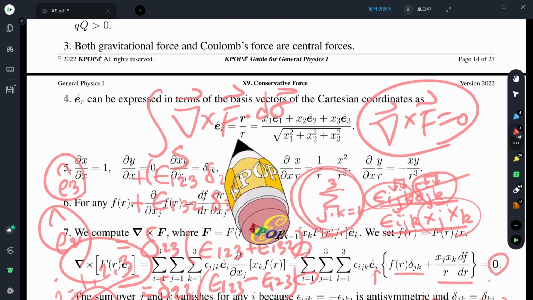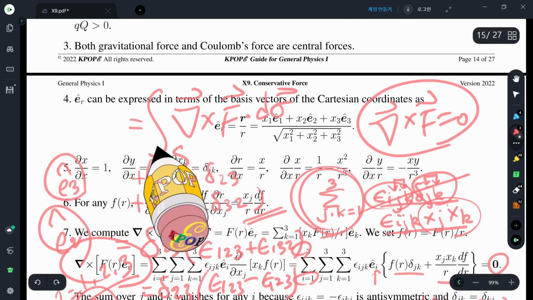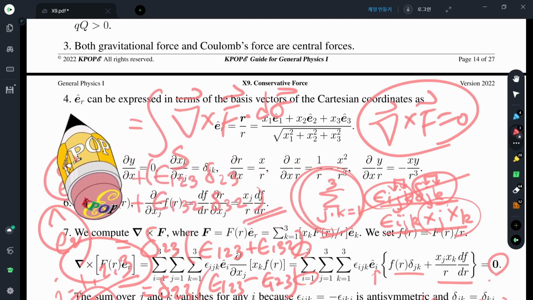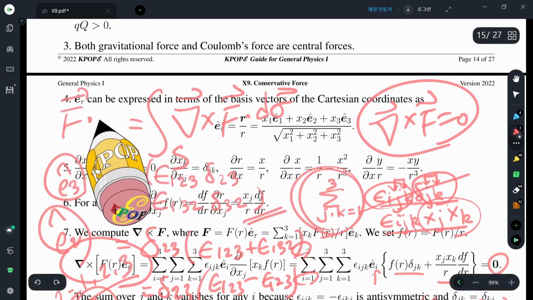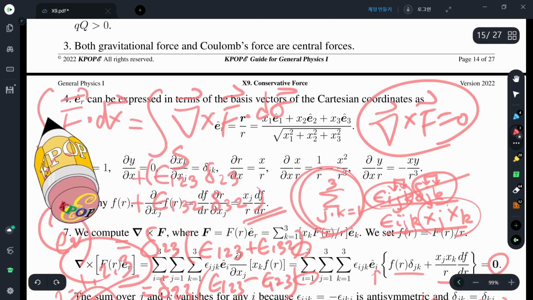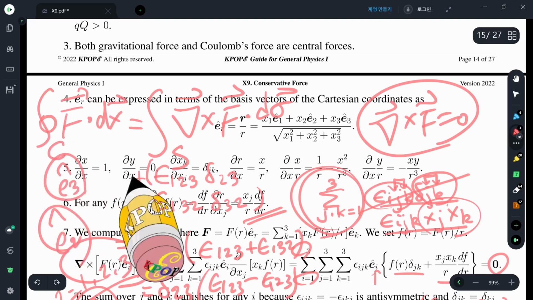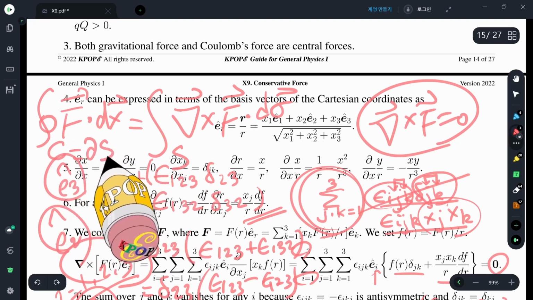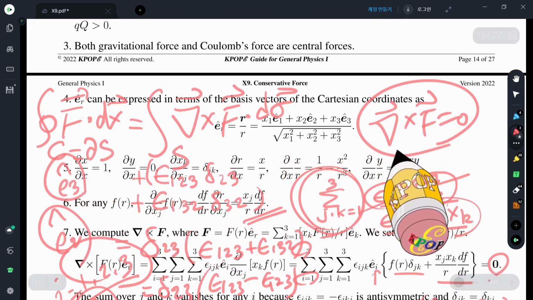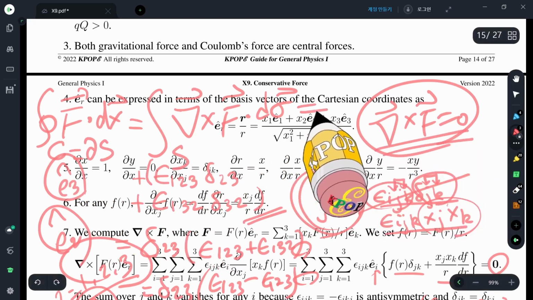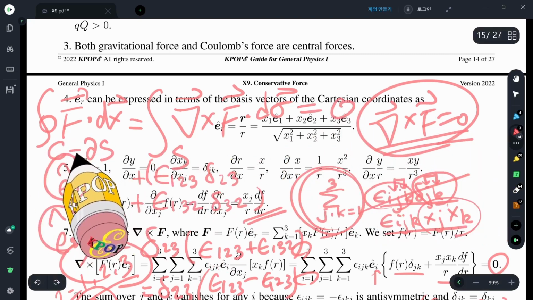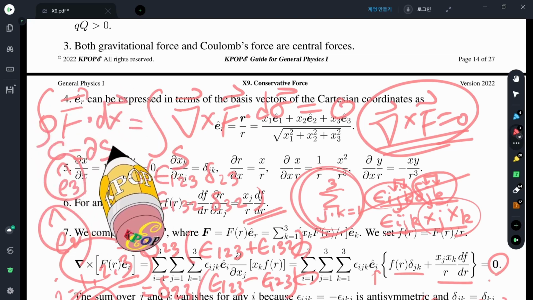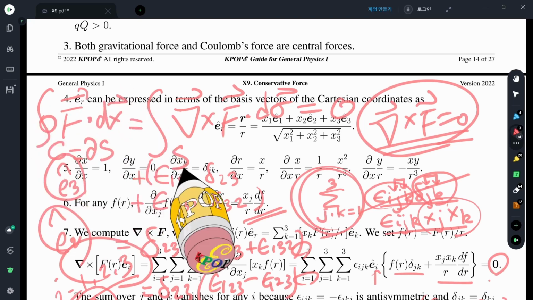Whether this one is 0 or not, we can always write it as a work over a closed path that is the boundary of this surface. However, this is irrotational, it is 0. So for any path, this one is vanishing, that means it is conservative.